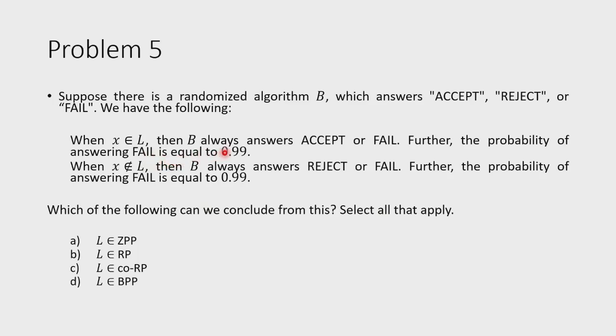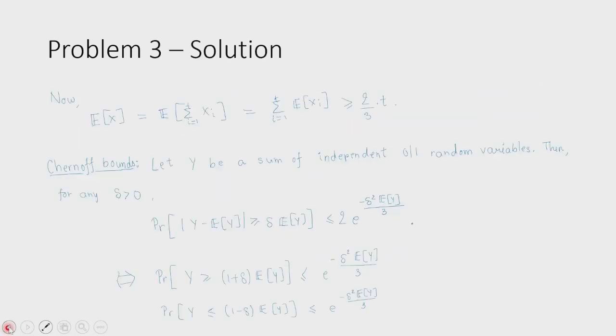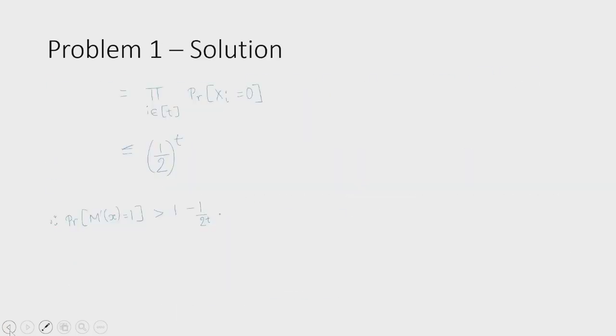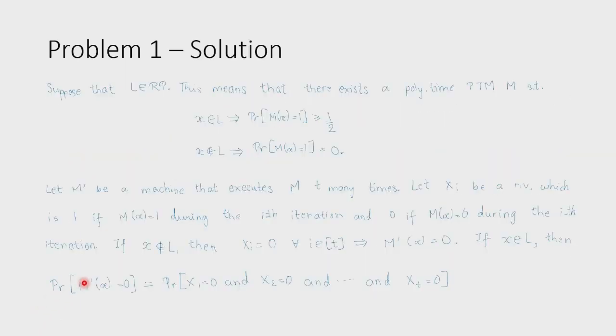So we boosted the success probability of RP, but you can also look at that analysis in the following way. We showed that the probability of failure decreases, right? In fact, if I go back to the analysis for RP, that's exactly what I did. What were we bounding?